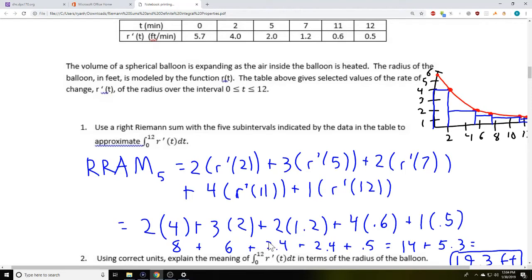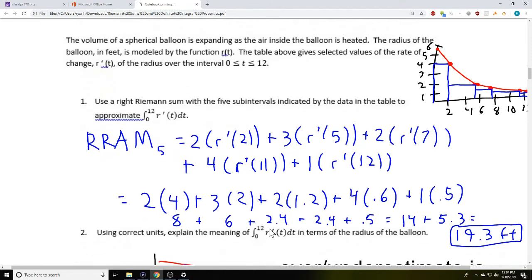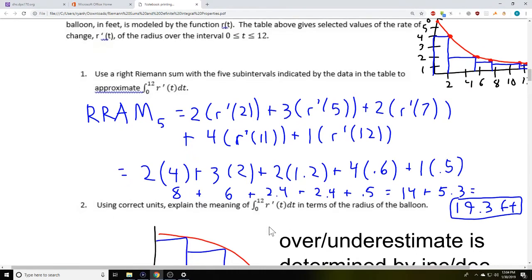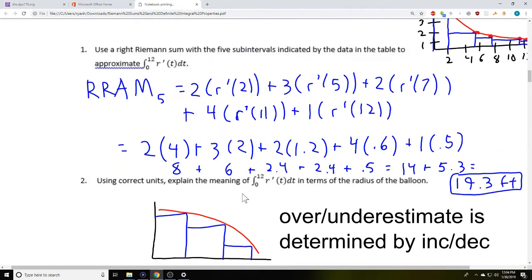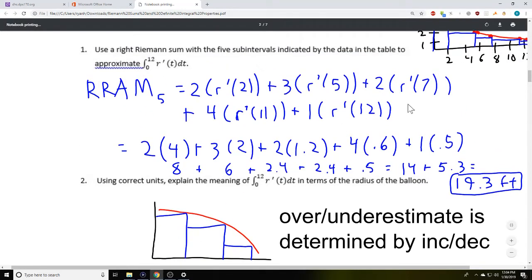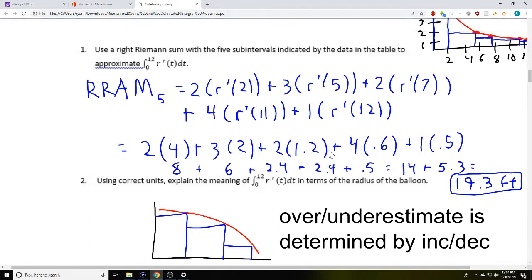All right. But one other idea I want to talk about is approximations, because a lot of times, or even on your homework, they like to ask about over approximation or under approximation. And the way you can determine that is by increasing or decreasing. Right, so here's another example of a right Riemann sum. This time it's concave down as opposed to this one, which is decreasing and concave up. So anytime we're decreasing, the right Riemann sum is going to underestimate.